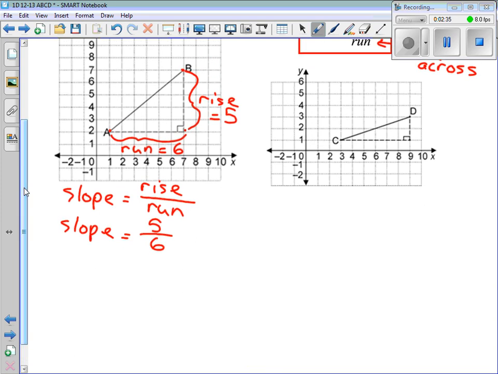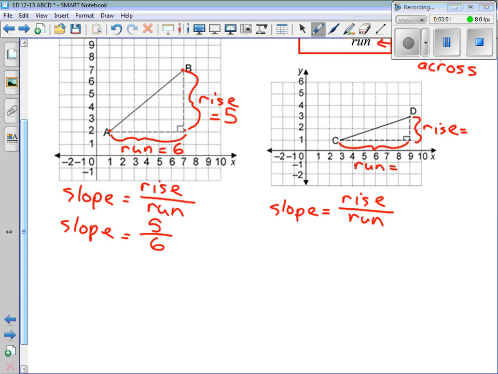Right, let's look at the second one here. They've already drawn the triangle for us. Again, we want to use slope equals rise over run. Rise is how much it goes up. Run is how much it goes over. So what is our rise for this triangle here? Chris, what's our rise?